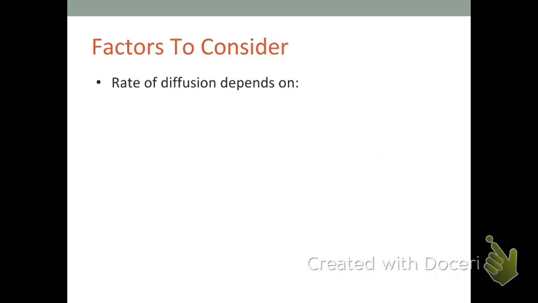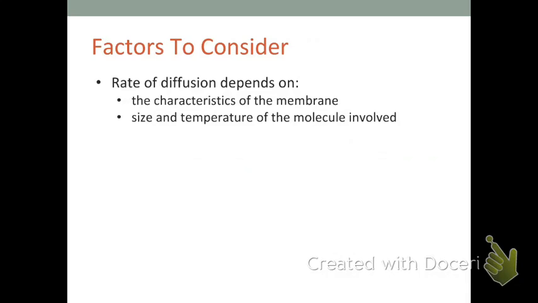Some factors to consider. The rate of diffusion, how fast diffusion happens, depends on the characteristics of the membrane. The membrane could be very permeable, or could not be very permeable, to whatever molecule you're looking at. It also depends on the size and temperature of the molecules involved.